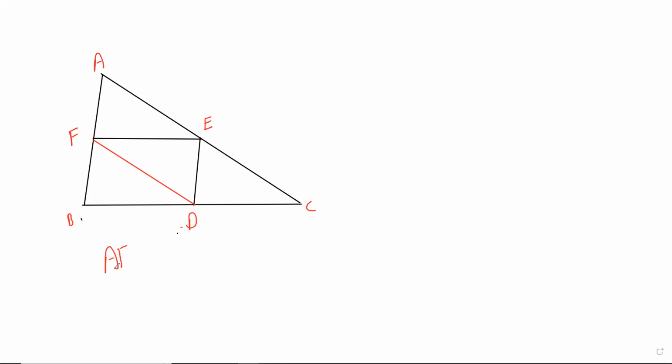So AF by FP. Okay, what am I saying? Check it. FP is parallel to BC and ED is parallel to AB.